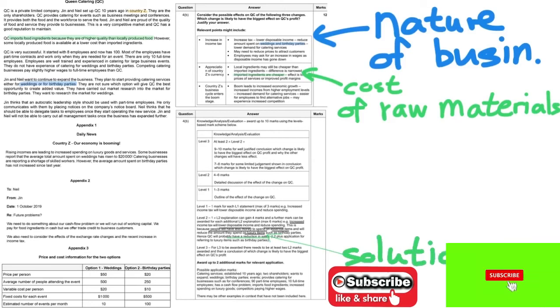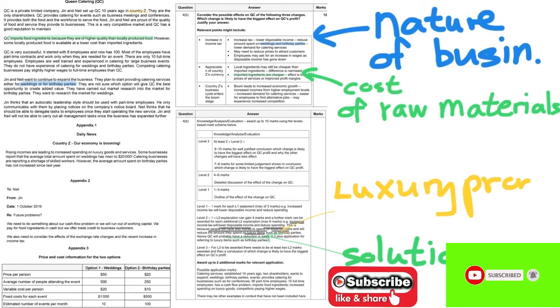So when you talk about the luxury products, you are making reference to the case. So these are luxury products. Remember, you have to quote the case. What is the case referring to? Now, look for the application marks.